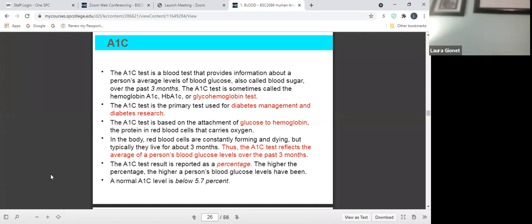It's a really good test, especially whenever you're monitoring anybody with diabetes, to see how well they're sticking to their diet, or even if they are eating a proper diet and medicating appropriately, either as a DM1 patient, diabetes mellitus 1 patient, or diabetes mellitus 2 patient, the A1C still gives you a really good idea of what they've really been doing.